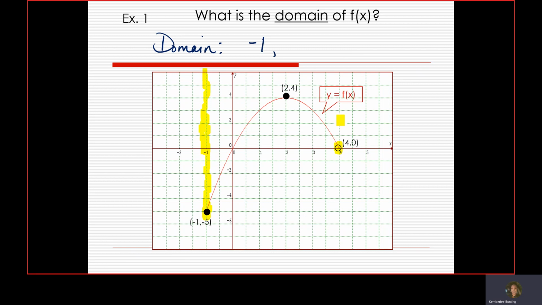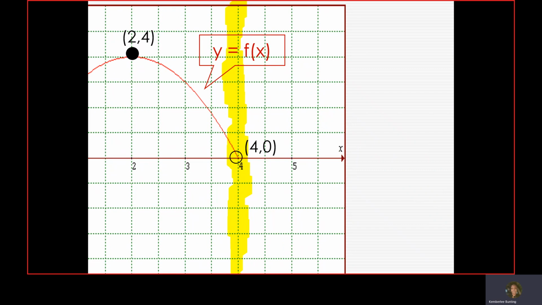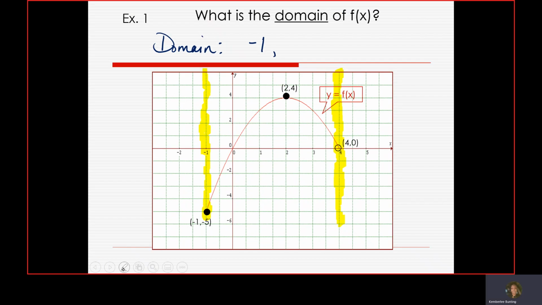Here's the last point on the graph. Nothing else past that point. It lines up with 4. So my domain contains all values between -1 and 4.